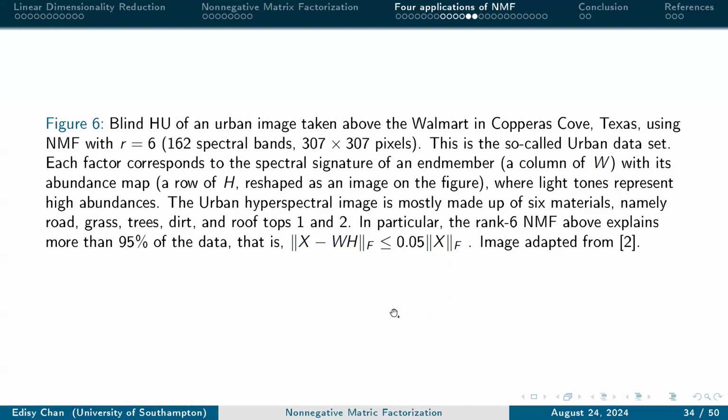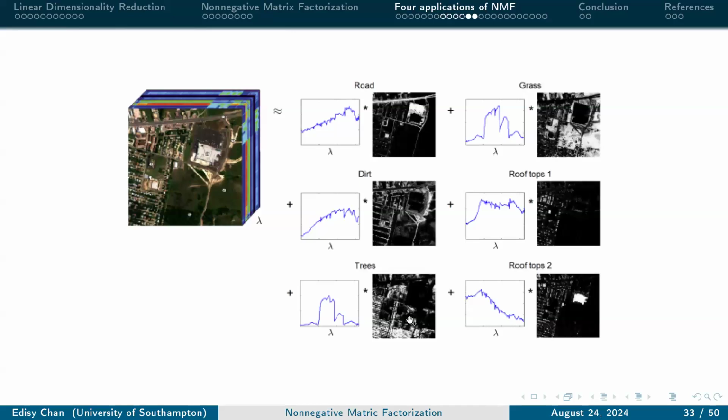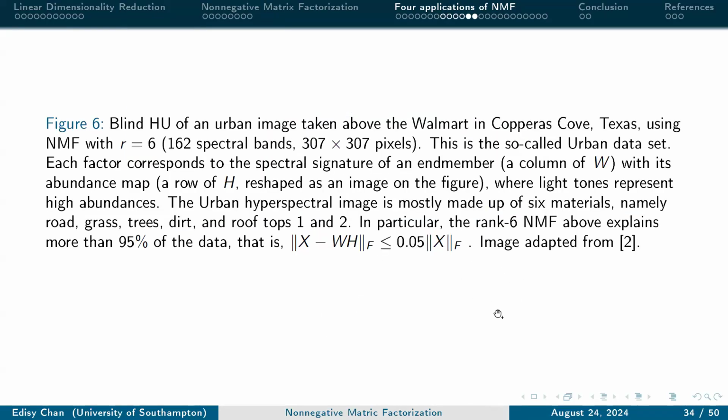Now we can see that the light tones represent high abundance. Those here are the high abundance for that kind of material. Usually we just use these 6 kinds of materials for the Urban hyperspectral image. In particular, this rank 6 NMF does the job well because it explains more than 95% of the data of the Urban hyperspectral image.